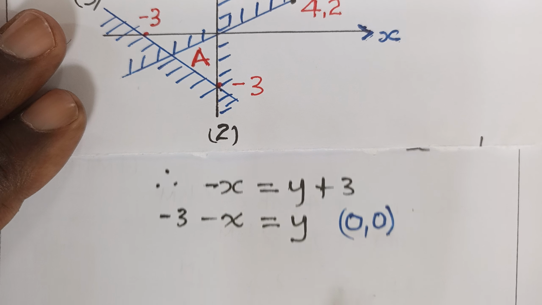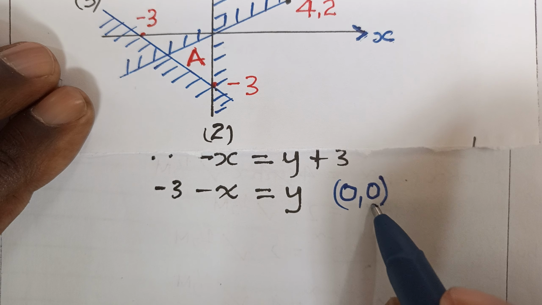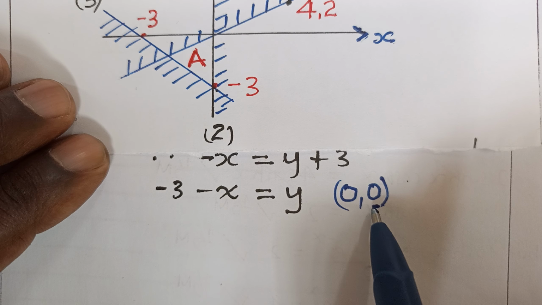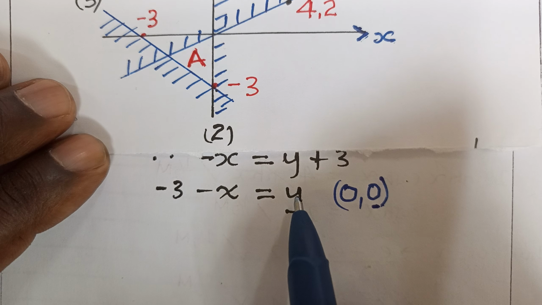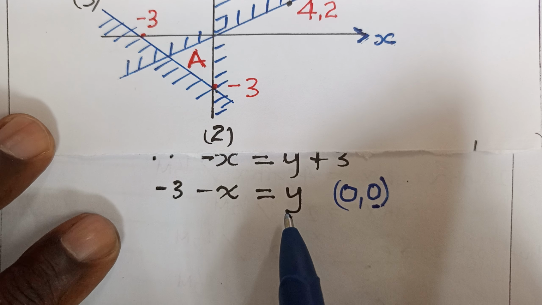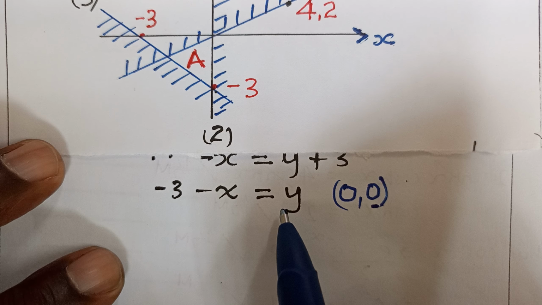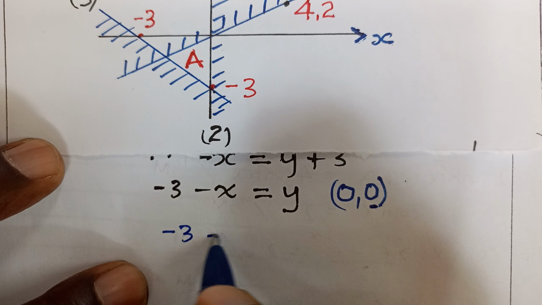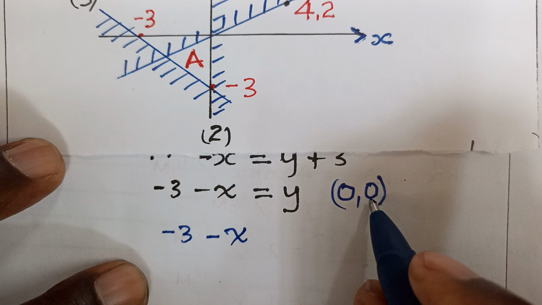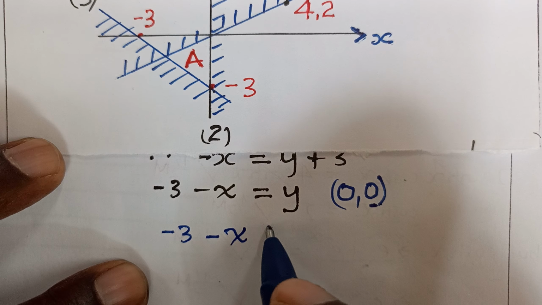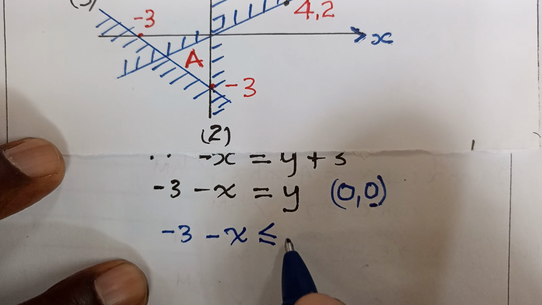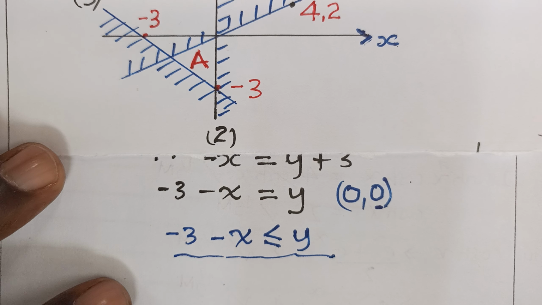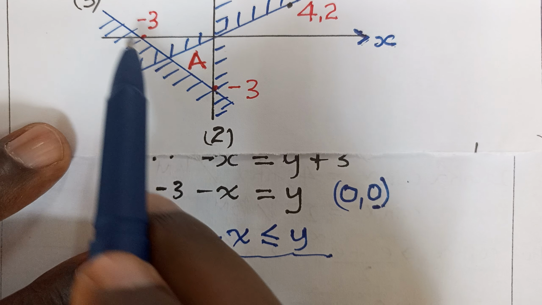But the point we have chosen has y equal to 0, and we know that 0 is greater than negative 3. And so this value of y should always be greater than or equal to negative 3 minus x. Now this point is greater than the point on that line, and so we put it like that. And so this is our inequality for line 3.